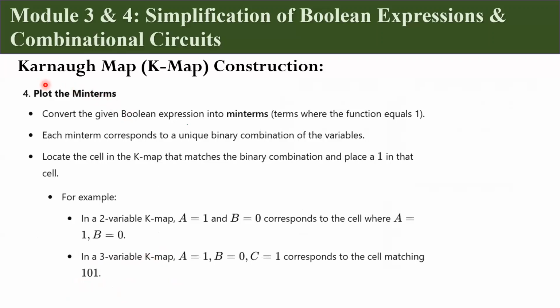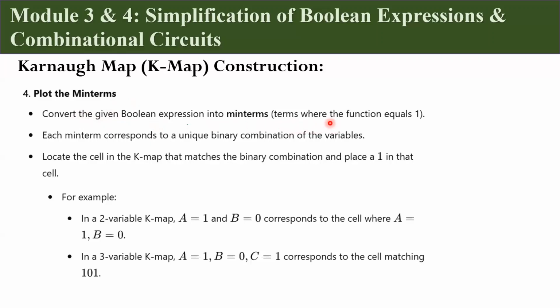Then there's need for you to now plot the min terms. The min term, which is the product, is what you plot in the K-map, not the max term. Max term is the sum. Min term is the product that we plot in the graph. Now, there's need for you to convert the Boolean expression into min terms.